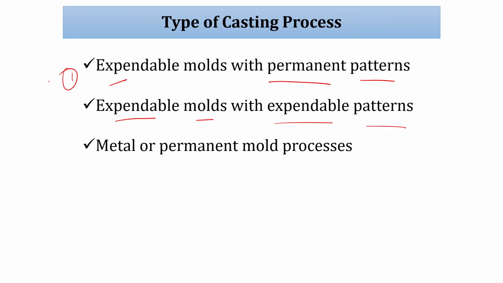In the second category, we change the mold after each casting as well as the pattern each time. That is called an expandable pattern. In the third category, you are using metal and permanent mold processes. First, we will go to category 1, expandable mold with permanent patterns.